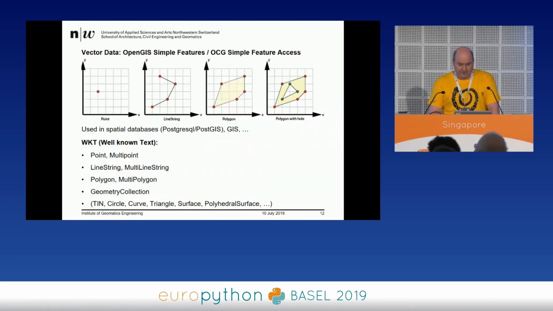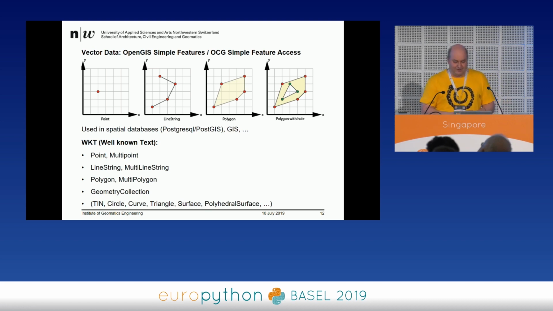Another thing is, if you look at vector data, there are some specifications like the OGC Simple Feature Access specifications, where geodata, in this case vector data, is defined. This is used in many databases like PostGIS, PostgreSQL, and so on. One of many representations is just using text.